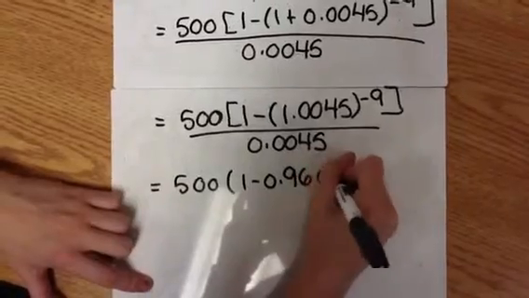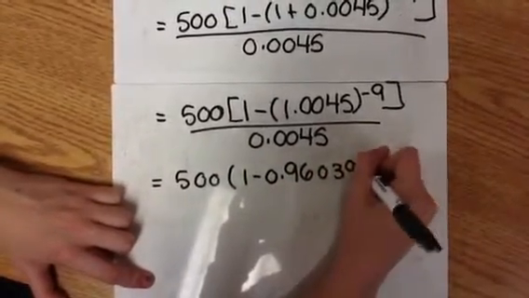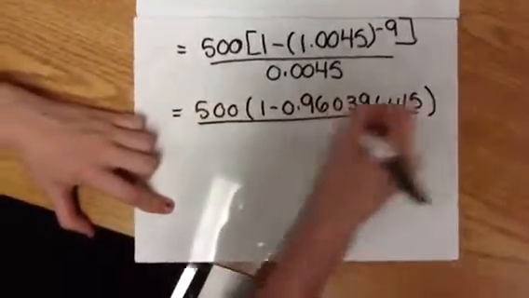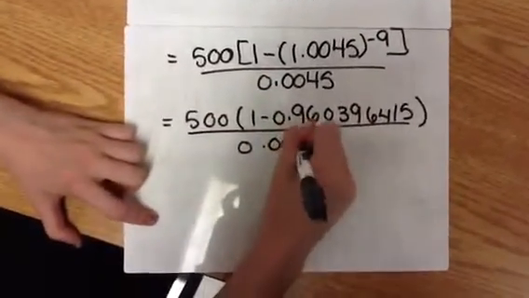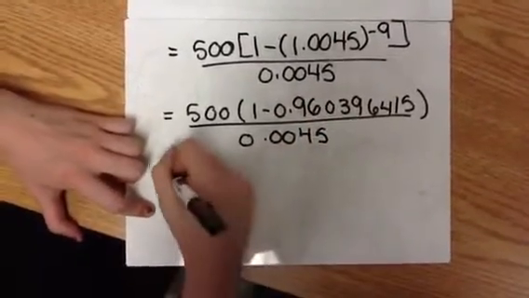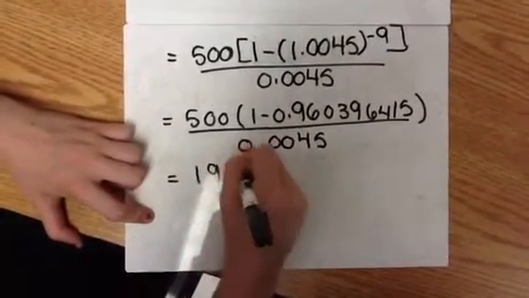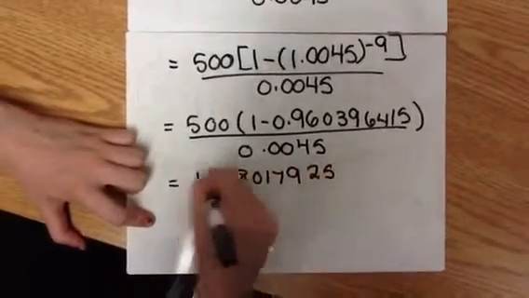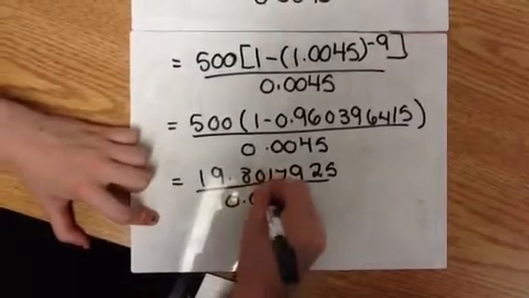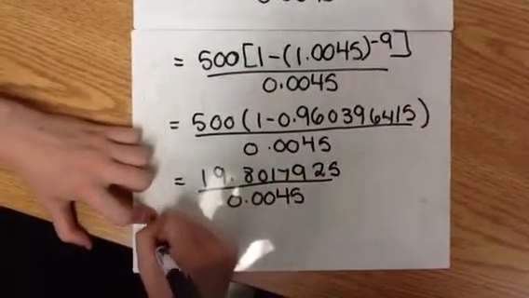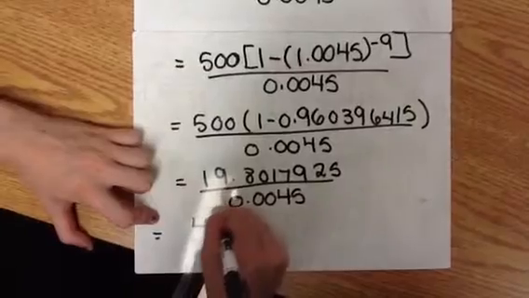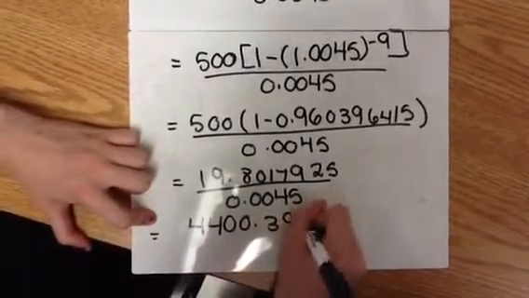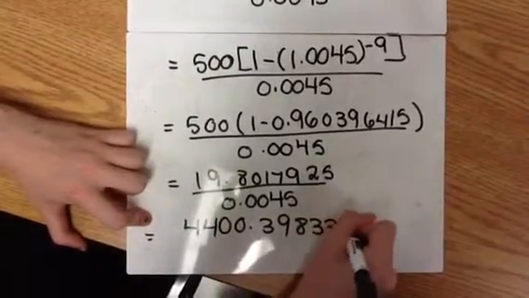This will equal 500 bracket 1 subtract bracket 0.96039 bracket over 0.0045. This will equal 19.8017925 divided by 0.0045, which will equal 4,400.3983333.